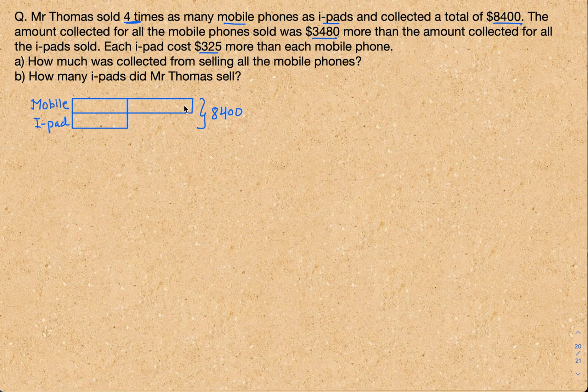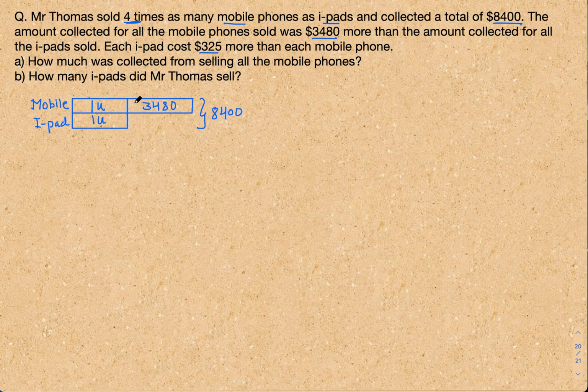See, so this is the extra amount we collected by selling the mobile phones, which is 3,480, right? So let's say the amount we collected by selling the iPads is 1 unit. Then the amount collected by selling the mobile phones will be 1 unit plus $3,480, right?